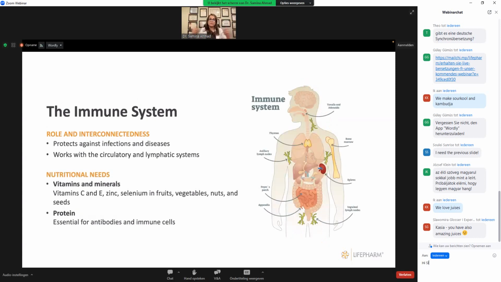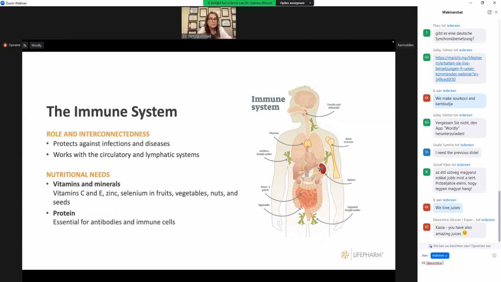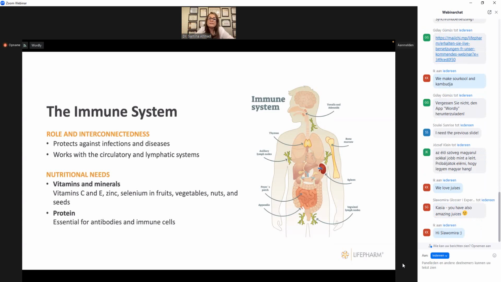Immune system, the most important one, right? And for people with COVID-19 infections and all, they realized their immune system was not strong. So their defense against infections was low, and they need to build up their immunity. And they need to take vitamin C, E, zinc, magnesium, selenium, and they need to take protein as well, because proteins have all your requirement for amino acids.